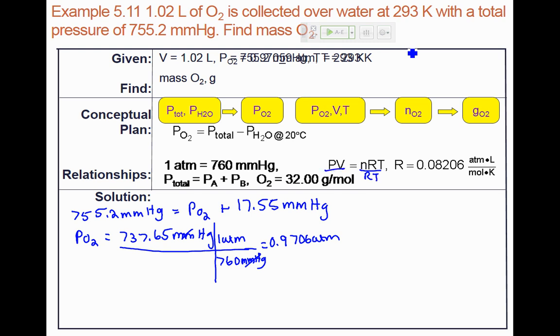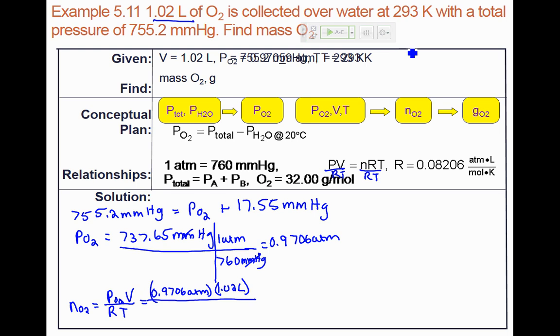So now that we have our partial pressure, we can figure out our moles. Divide both sides by RT, and we see our moles of O2 is going to be equal to our pressure of O2 times volume over RT. So our pressure is in ATMs. We just did that conversion. Times our volume. It's in liters, so we're good.